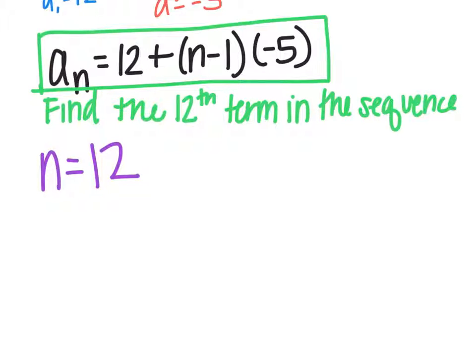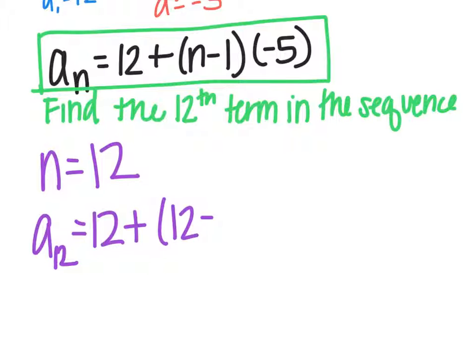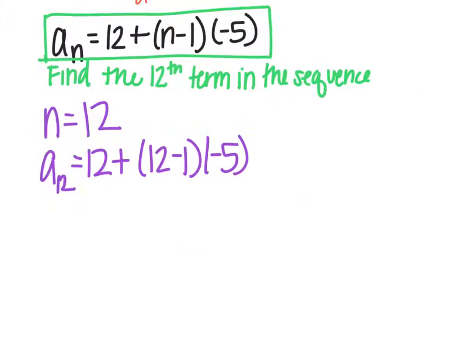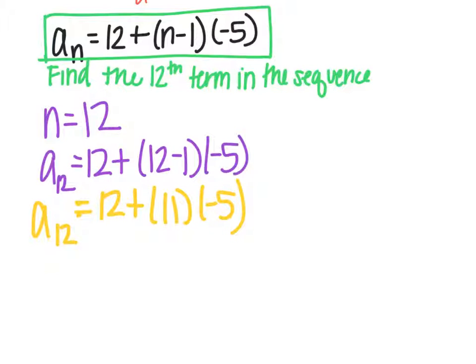So we're going to go back up here to our formula, and we're going to replace all of the n's with 12. So a sub 12, which represents our 12th term, equals 12 plus, instead of n, we're going to put 12 minus 1 times negative 5. If we start working that out, we get a sub 12 equals 12 plus, well, 12 minus 1 is 11 times negative 5.